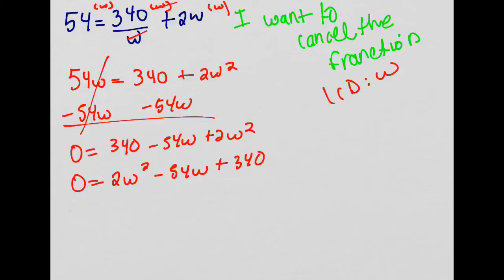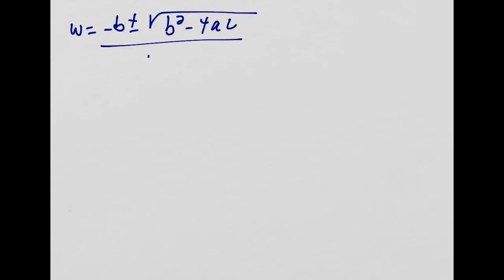Okay. Now I am going to use the quadratic formula to solve. So I know that A is 2, B is negative 54, and C is 340. Let's substitute on another page because I'm running out of space. Again, just in case we have forgotten, this is our quadratic formula: negative B plus or minus the square root of B squared minus 4AC, over 2A.